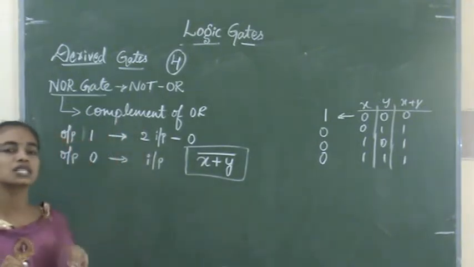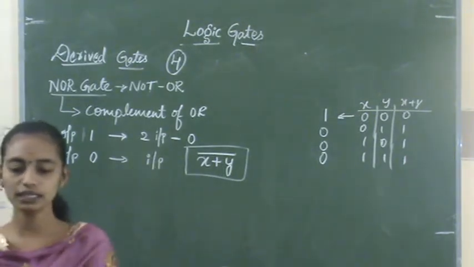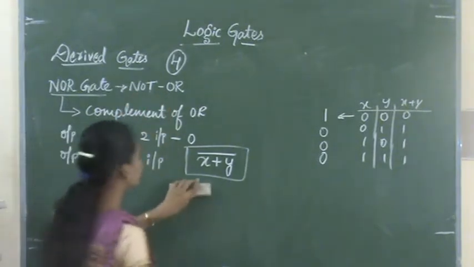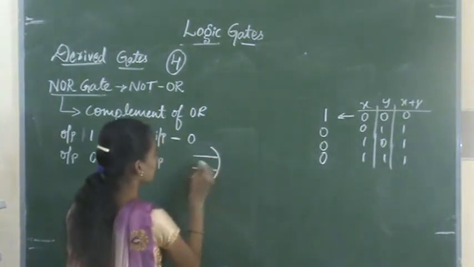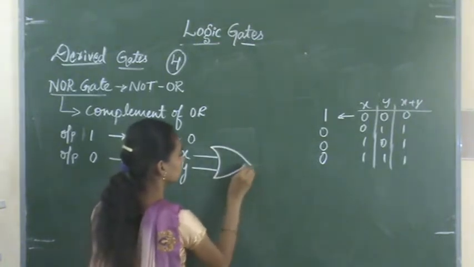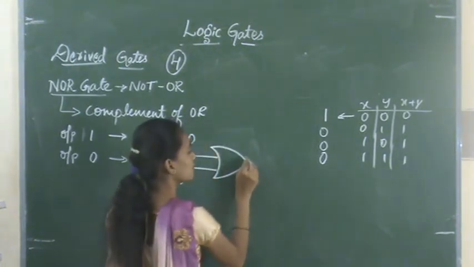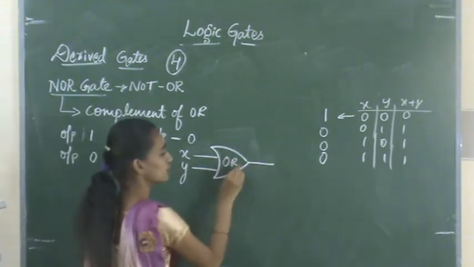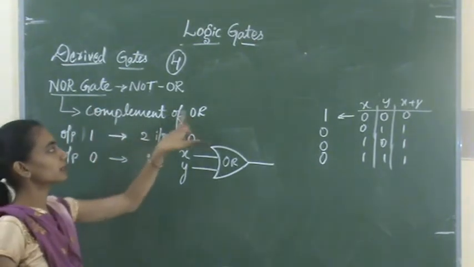So what is the logical symbol used to represent the NOR gate? We know it is the complement of OR, right? Suppose this symbol is used for the OR gate. I said the NOR gate is a complement of OR.